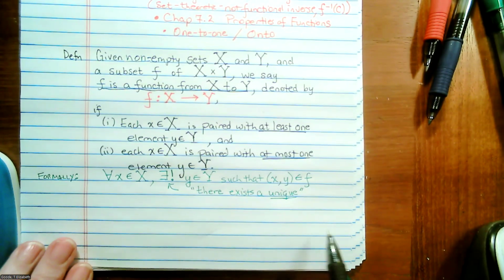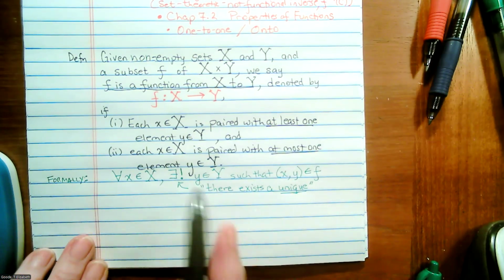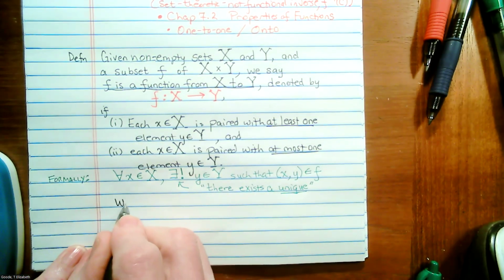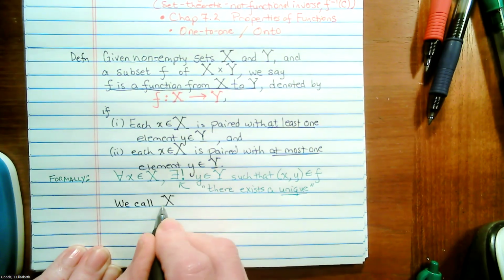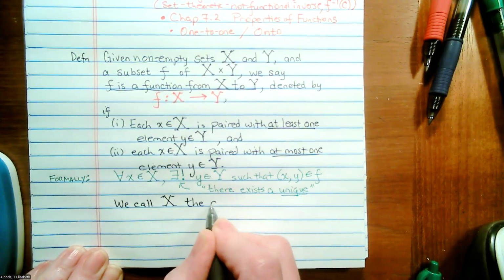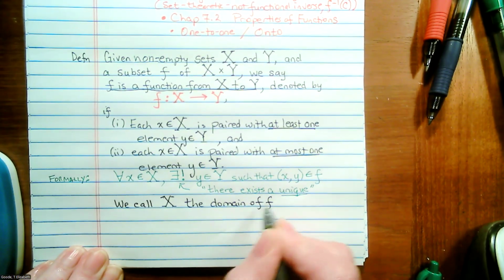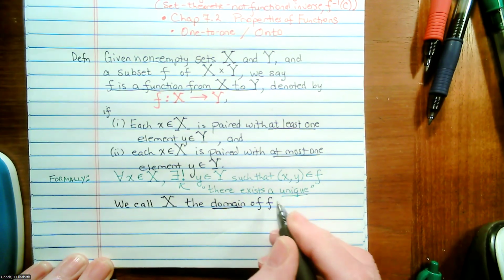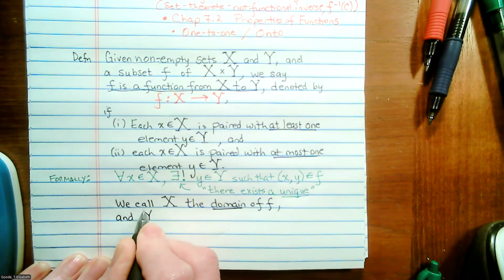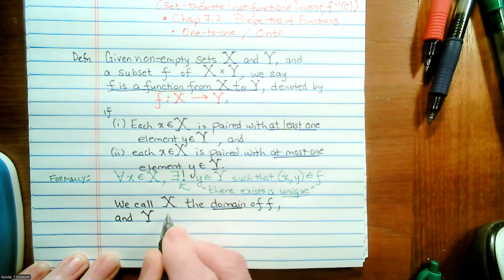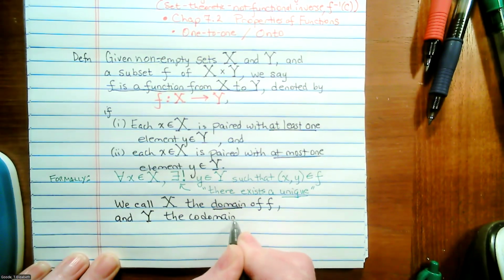So a couple more things. We call the set X the domain of F. So let's write that down. So big X, we call big X the domain of F. You're probably familiar with that term. And Y, big Y, set Y, the codomain of F. You probably used to call that the range.